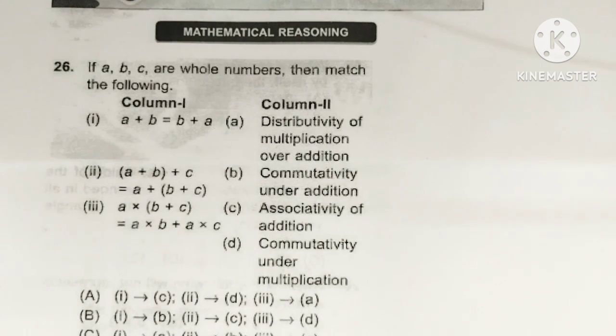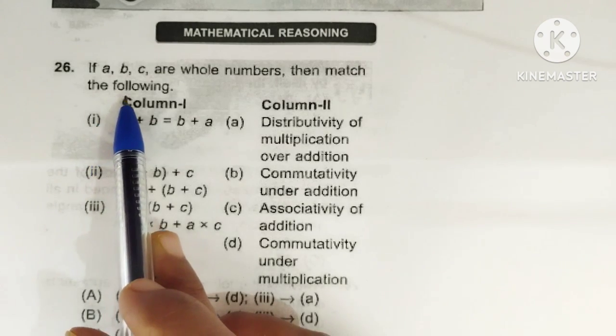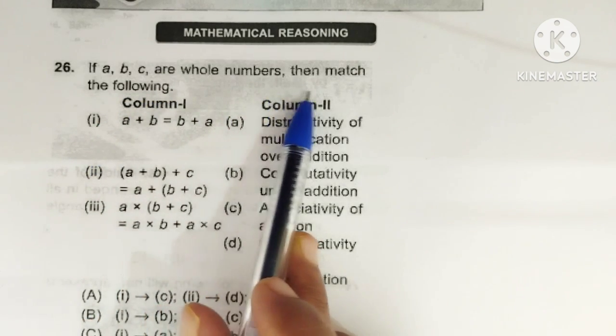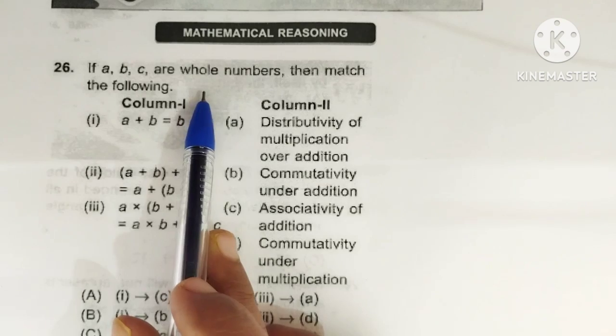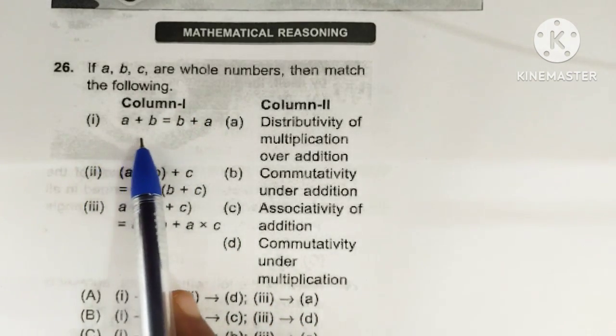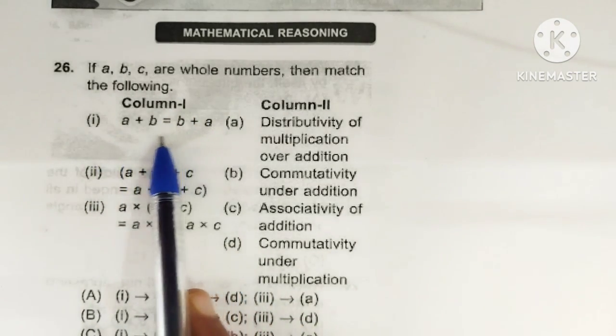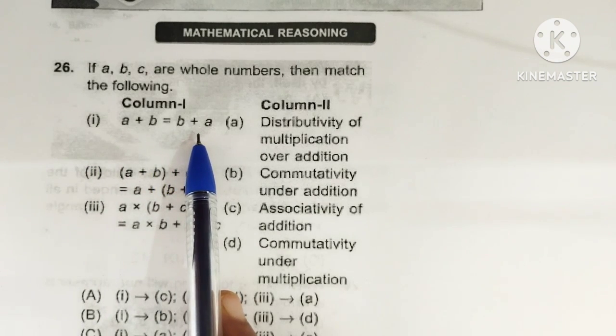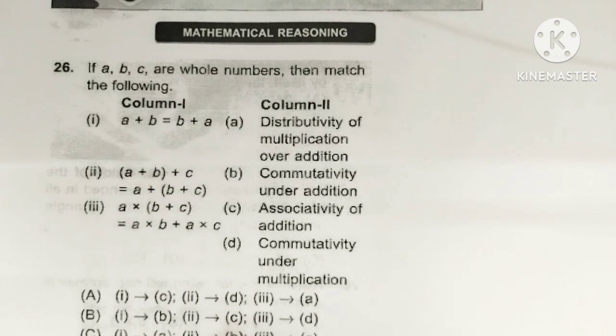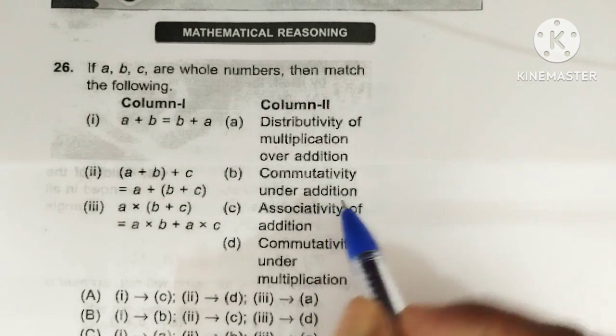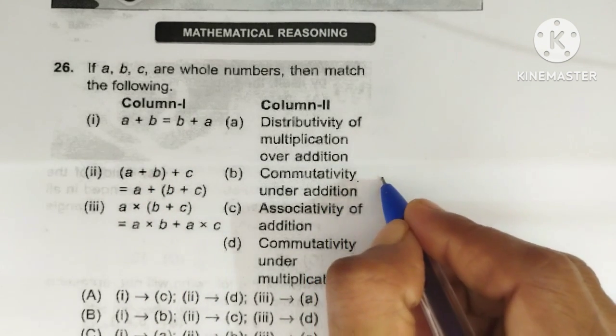26th question. If A, B, C are whole numbers, then match the following. A plus B equals B plus A. This is the commutative law under addition. Option B is the correct one. This is 1.